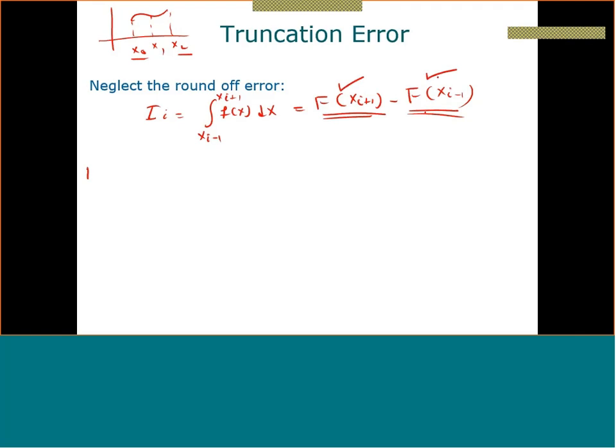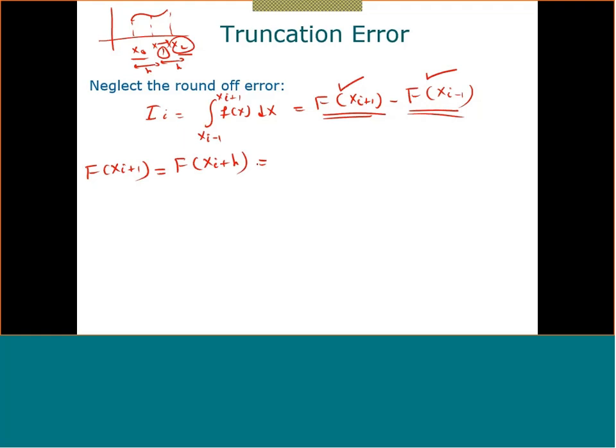Let's start with f(x(i+1)). As we know, x(i+1) is plus h, because we have two h's on both sides: an h here, another h here. So x(i) is in the middle, and to go to the right you have to add an h to it. So this is exactly equal to f(x(i) + h).